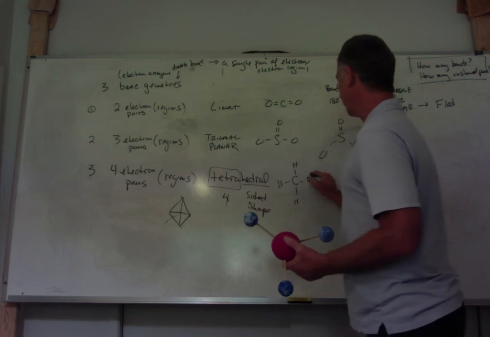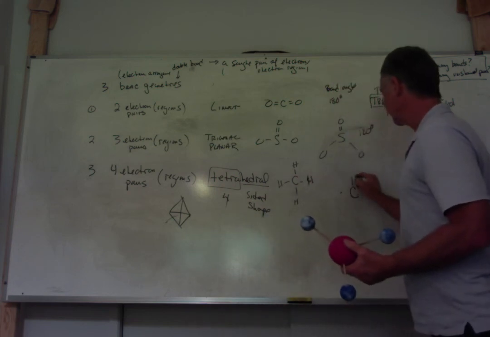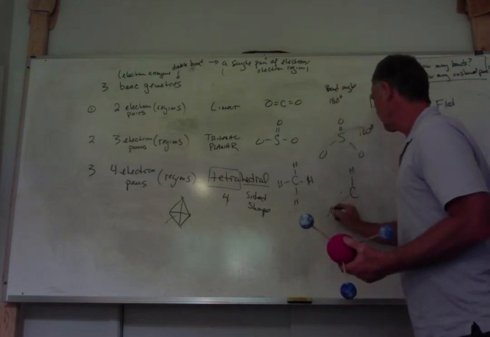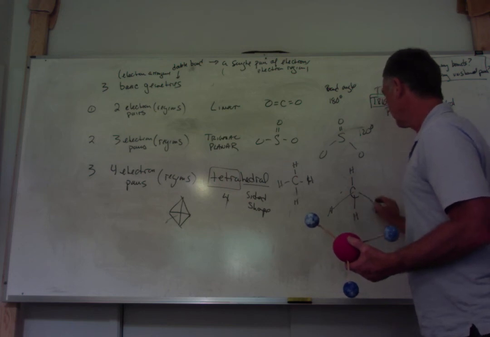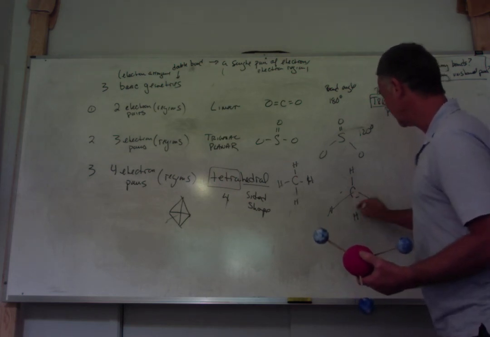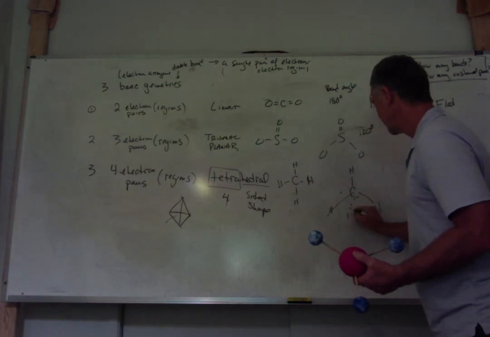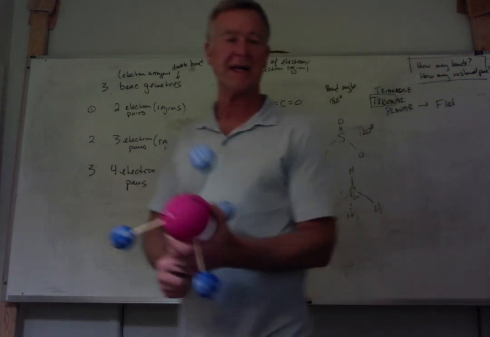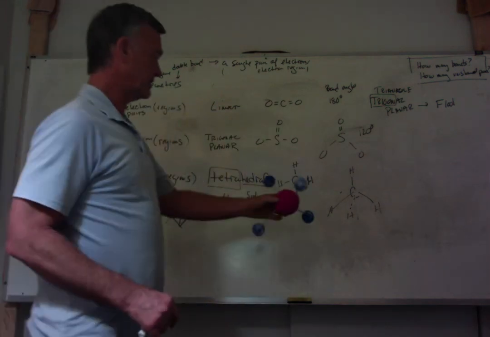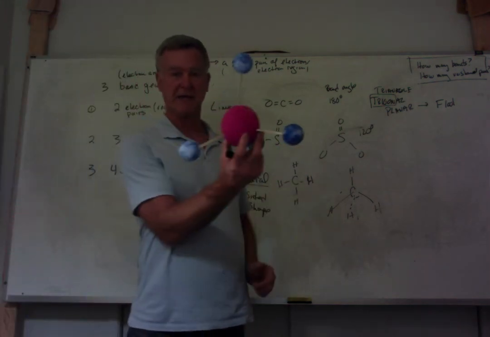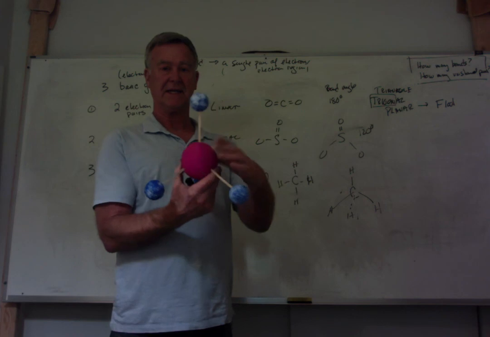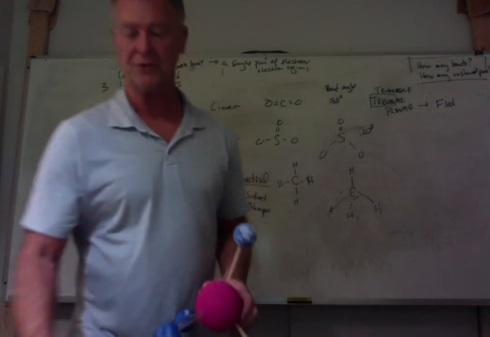If I try and draw that out, it's going to look like this. And one of these would kind of be behind. So you could do kind of a dotted back to here. And it's hard to draw that so it's easy to see, but that's what's taking place. It's better to look at it like this. That is our tetrahedral molecule.